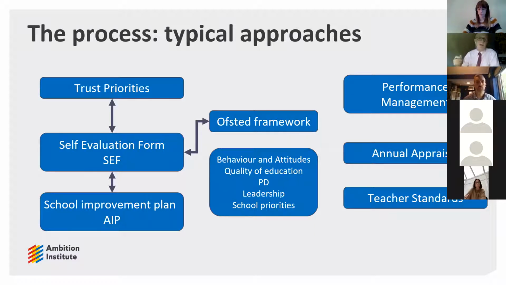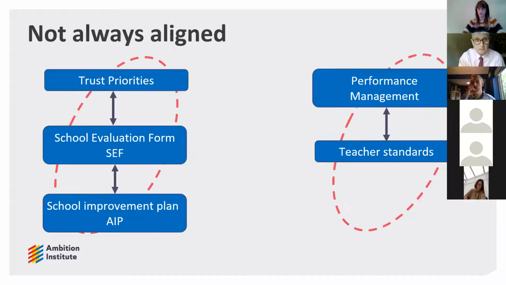And then you have running in parallel with that a performance management process, an annual appraisal, with some of the participants, not all, using the teacher standards as a point of reference for how they're evaluating teachers. These 2 processes per se are not always aligned, and they don't necessarily talk to each other.